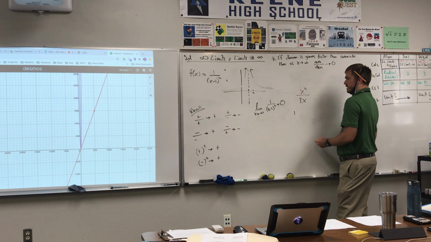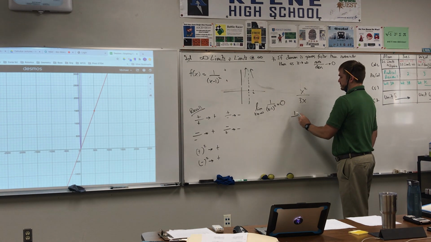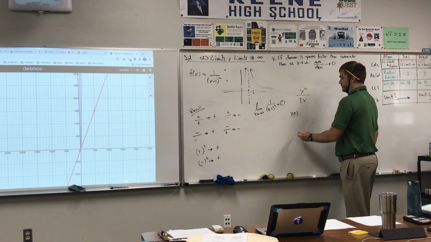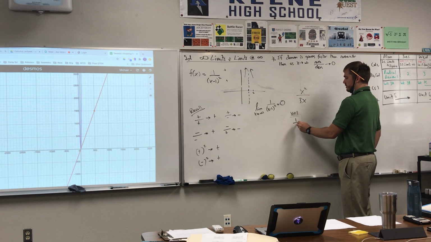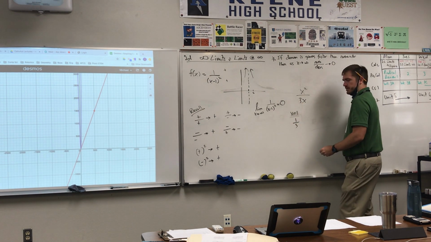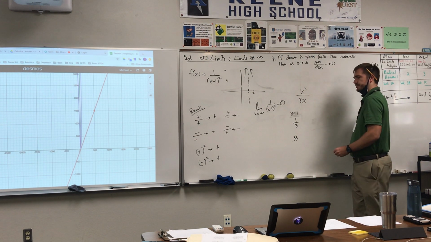So, 1 squared is 1. When x equals 1, we have 1 over 3 times 1, so 1/3, so 0.33 repeating.